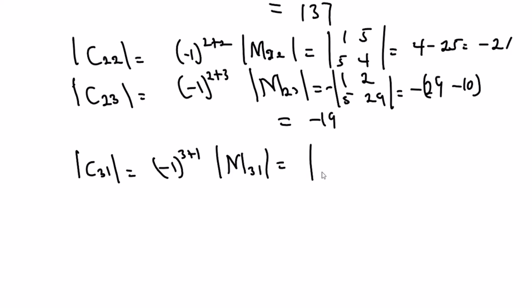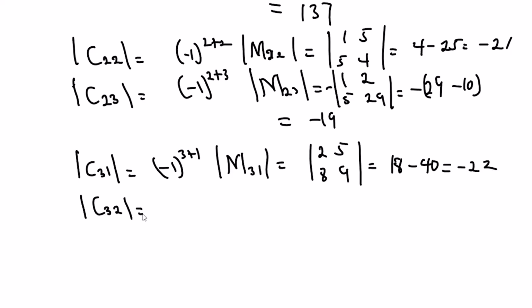So we have 2, 5, 8, 9. Then our result will be 18 minus 40. Then the answer is negative 22. That's for row 3, column 1. Then row 3, column 2 will be negative 1 exponent 3 plus 2, the minor 3, 2.